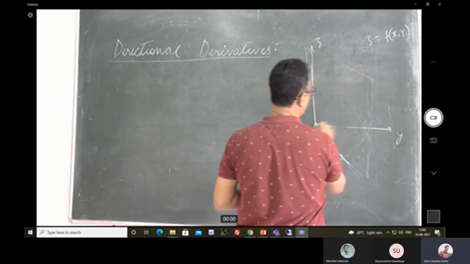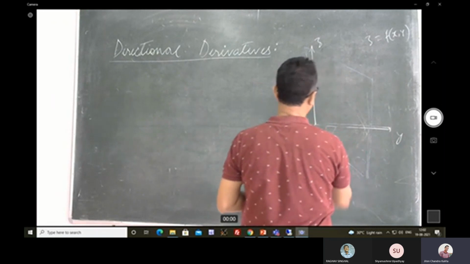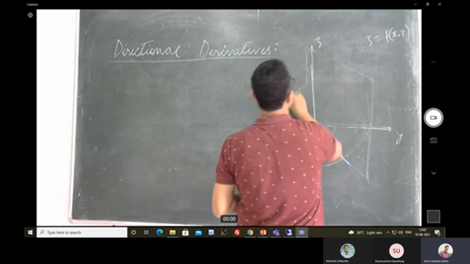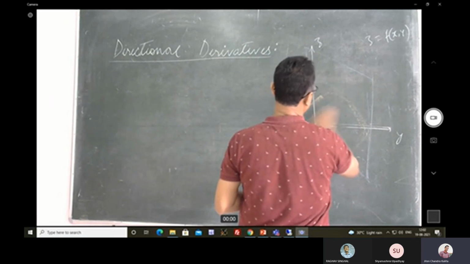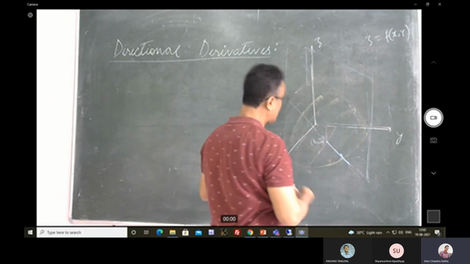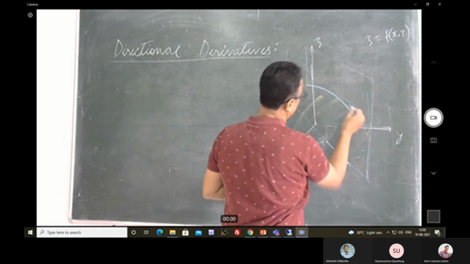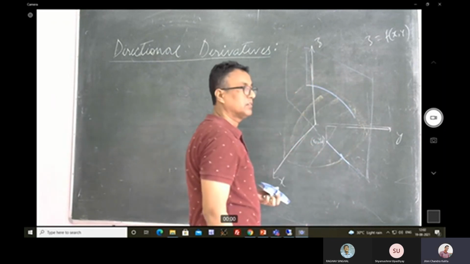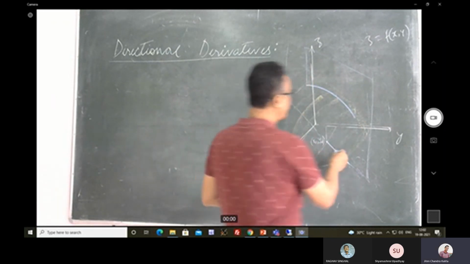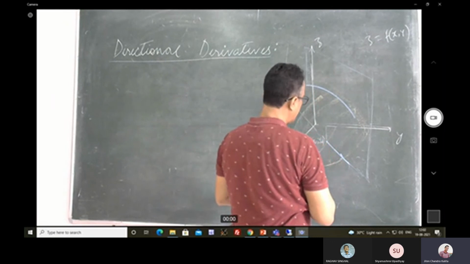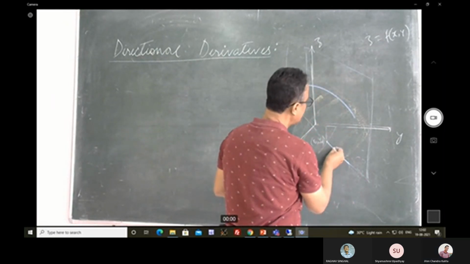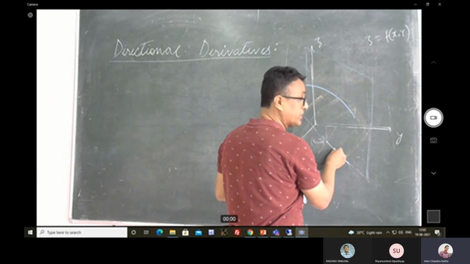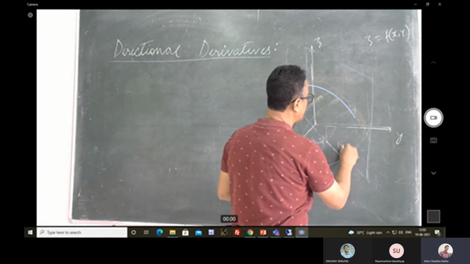As before, if I consider a vertical plane like this, again, this is going to cut this surface on a curve, right? Then I am going to consider a neighboring point here.